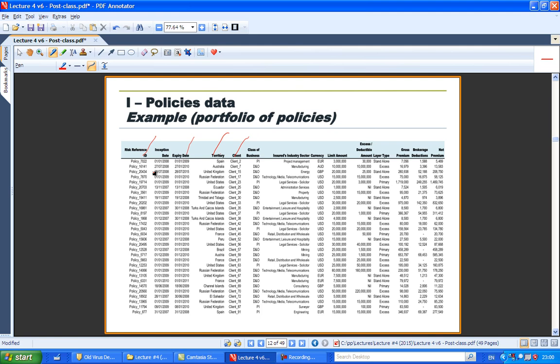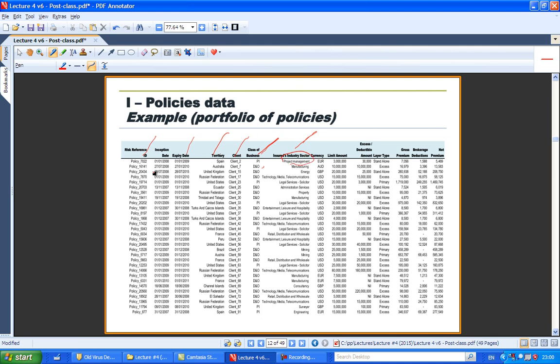And this is the class of business that it's writing. This is professional indemnity. This is D&O, directors and officers. The industry sector in which the company operates, and this will already tell you that in this case we have commercial lines policies. So in this case you have project management company.